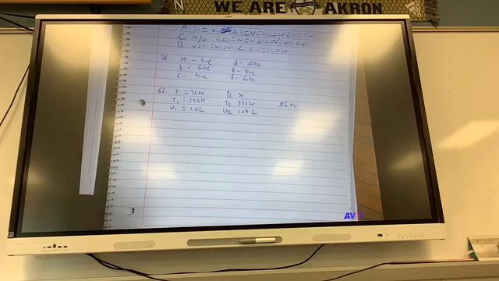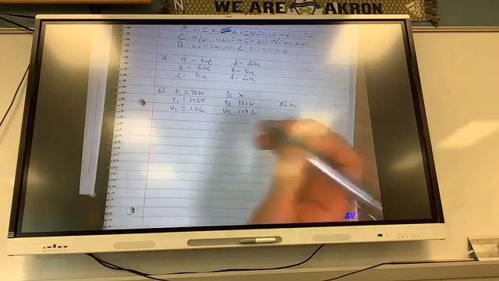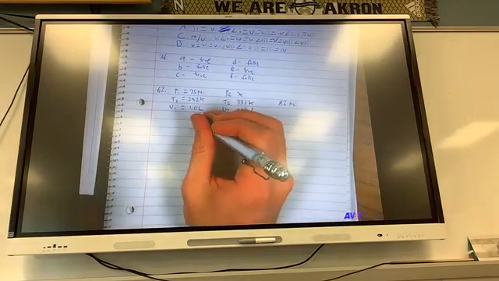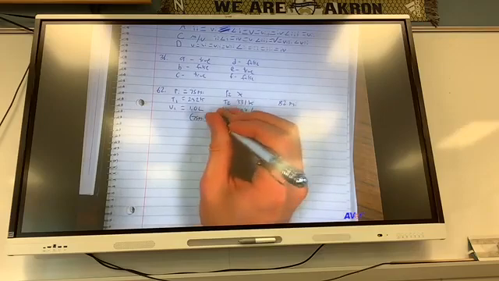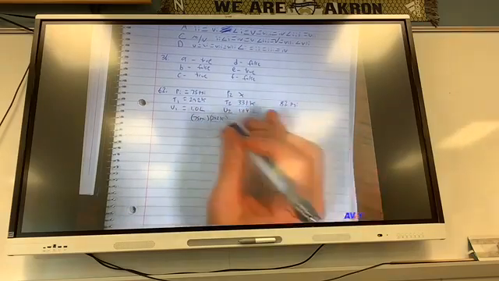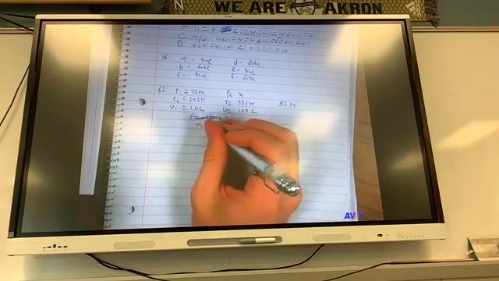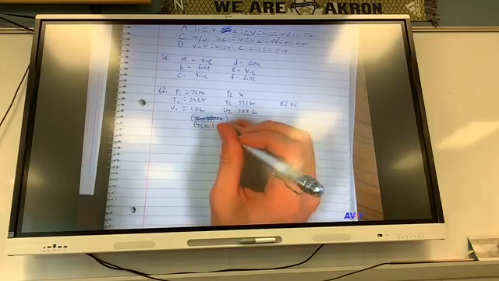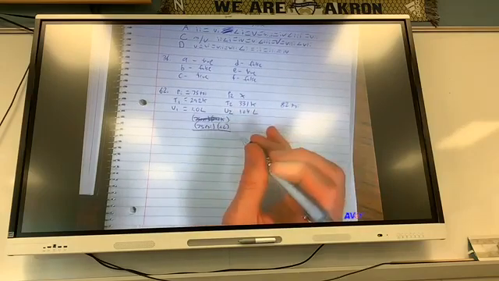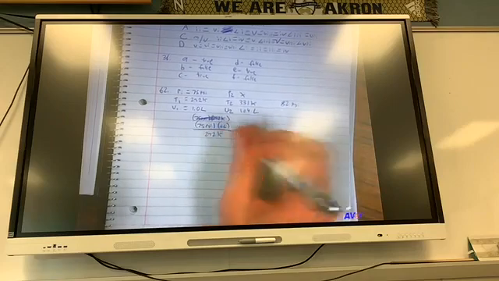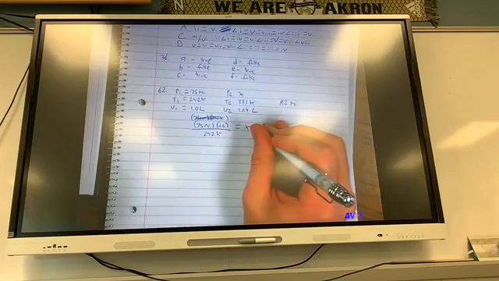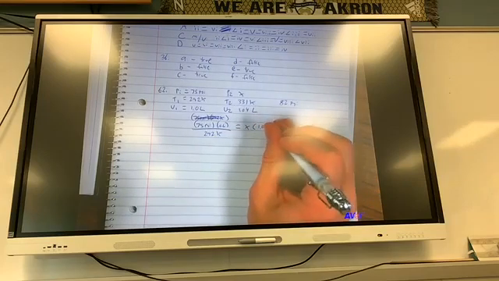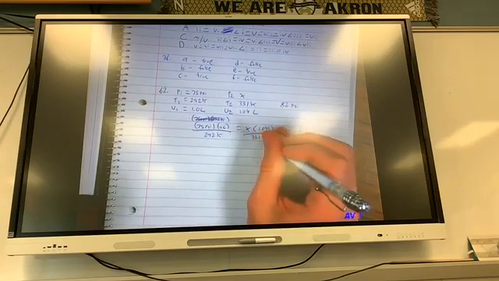I also did 75 times 292. I'm just going to write this out. So I have 75 psi times 1.0 liter over 292 Kelvin is equal to X times 1.04 liters over 331 Kelvin.